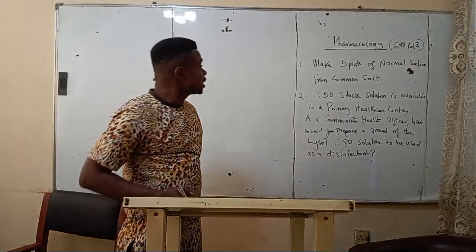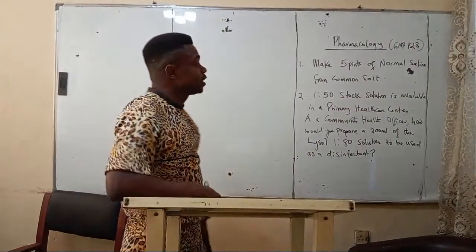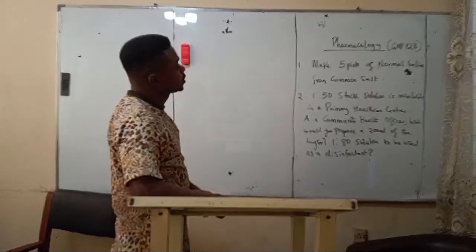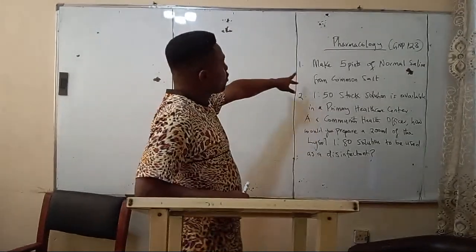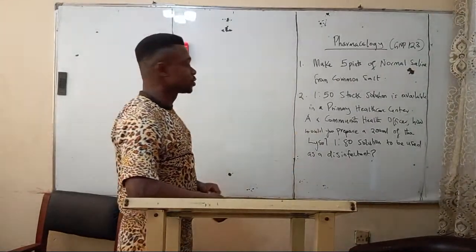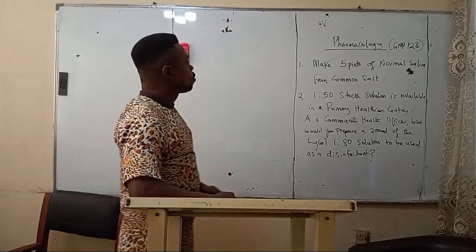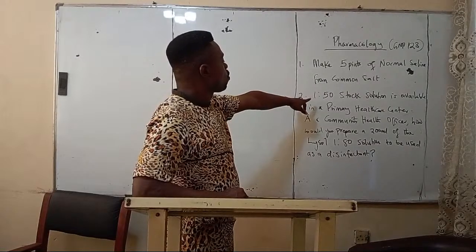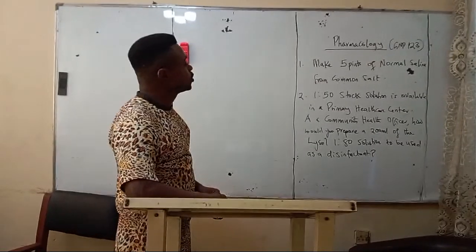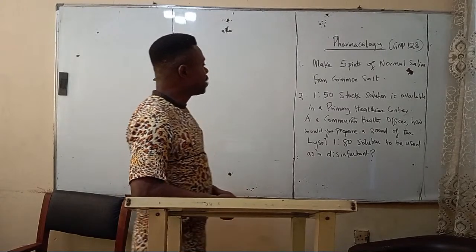This is Pharmacology GMP 123, Introductory Pharmacology. The question says, number one, make 5 pints of normal saline from common salt. Number 2, a 1 in 50 stock solution of Lysol is available in a primary health care center.